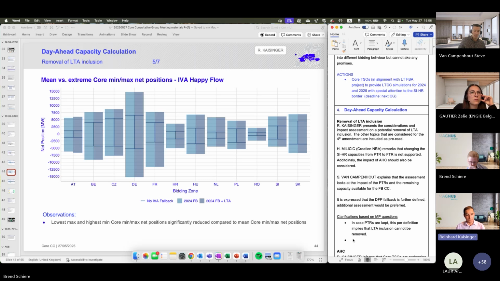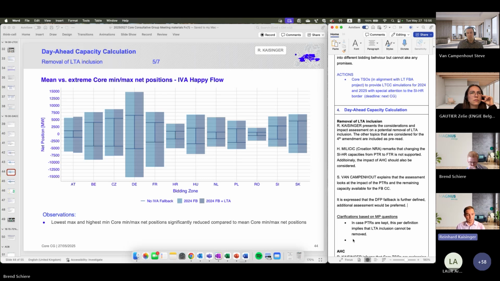And then with those whiskers, we now see indicated the values we saw on the previous slide. So the min-max net positions with IVA happy flow. So whenever IVAs cut down on the capacities the most, and we do see quite a difference here in terms of available cross-zone capacity.